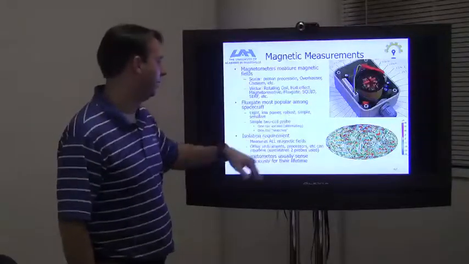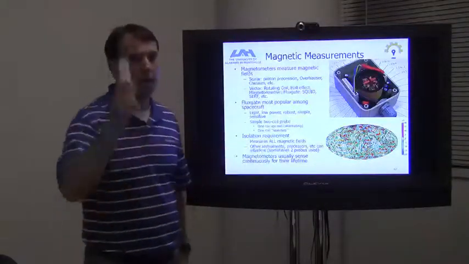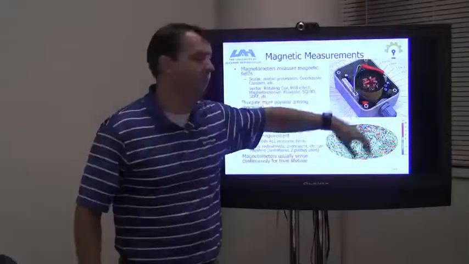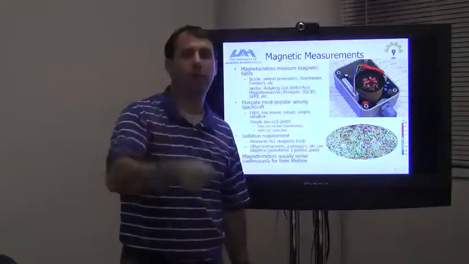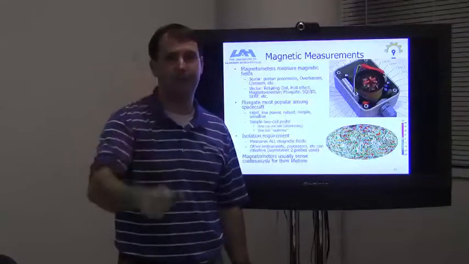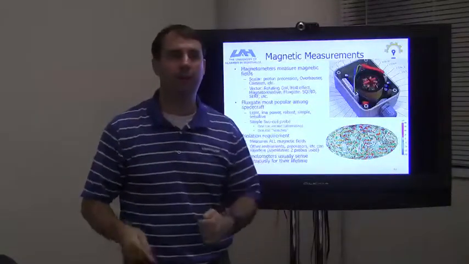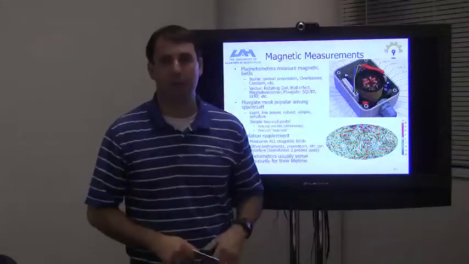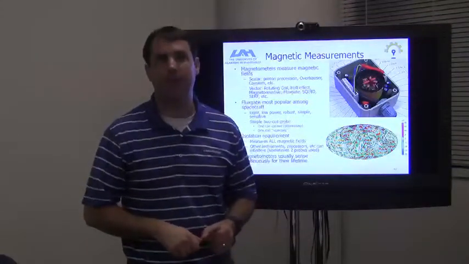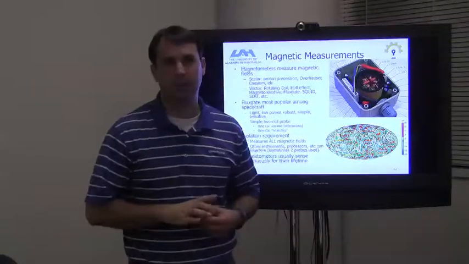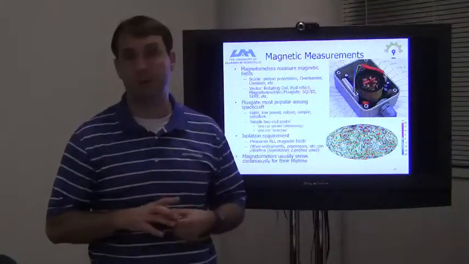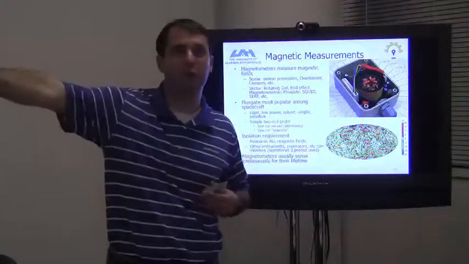And then isolation requirements, big deal. Magnetometers are awesome, but the problem is they measure all magnetic fields. So if you're near the lander or near the orbiter or near the balloon, near anything electronic, you're going to measure the magnetic field of that electronic device. So you have to get away. When we put magnetometers on spacecraft, we put them on 10-meter booms.